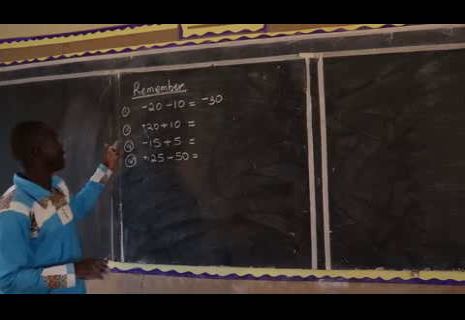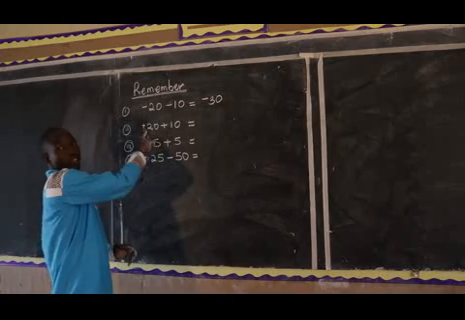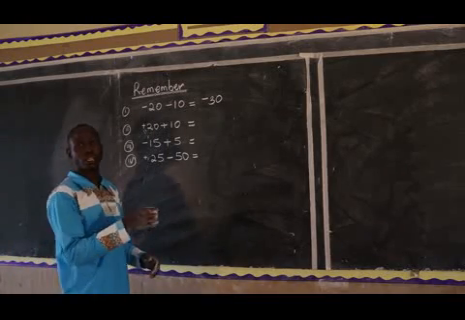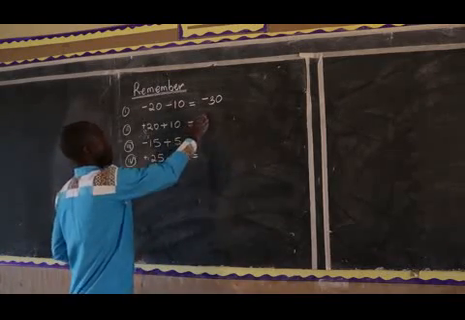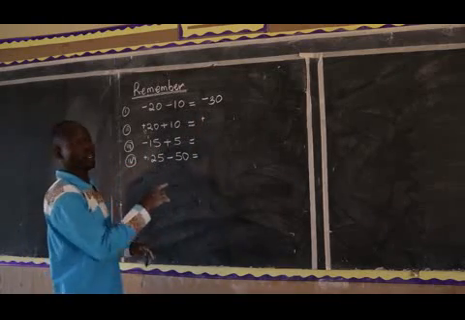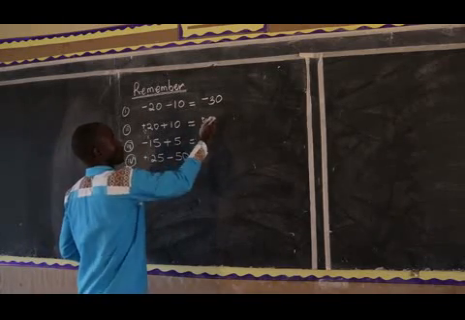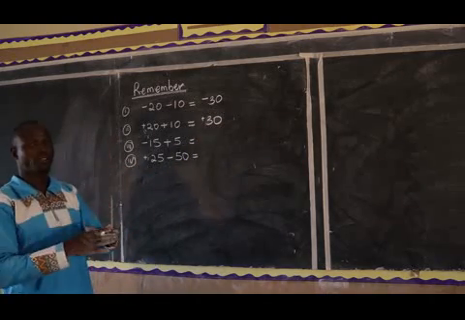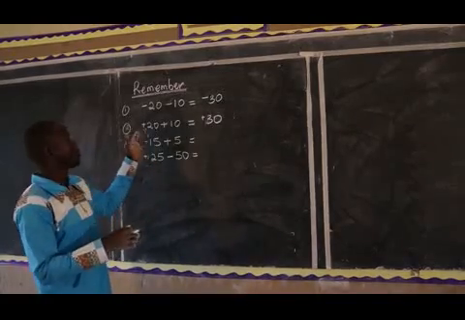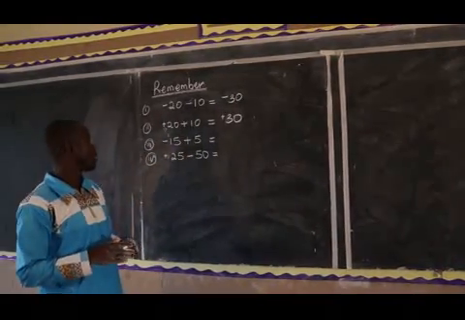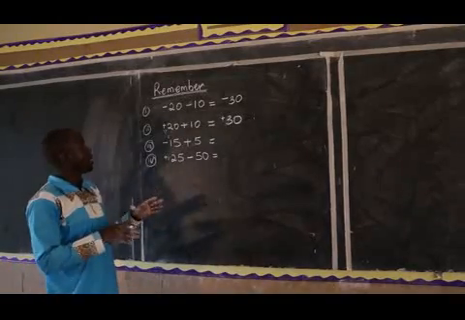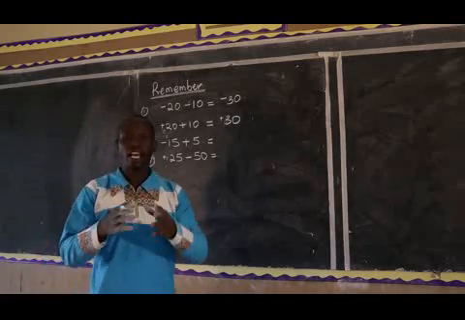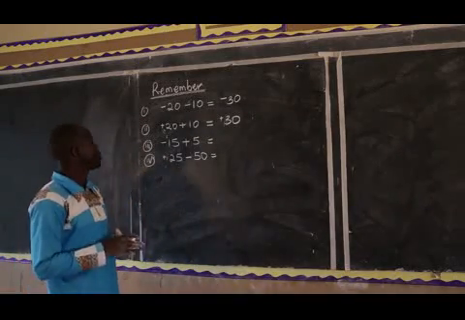Also, in Roman 2 here, 20 has a positive, 10 also has a positive, meaning the sign is similar still. You write the same sign, add the numbers, so 20 plus 10 gives you 30. And that 30 will find the positive sign already written, making positive 20 plus 10 give you positive 30. So when numbers have similar signs in addition of integers, write the same sign and add the numbers. That's the principle.